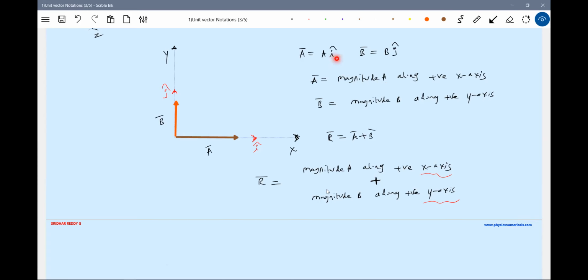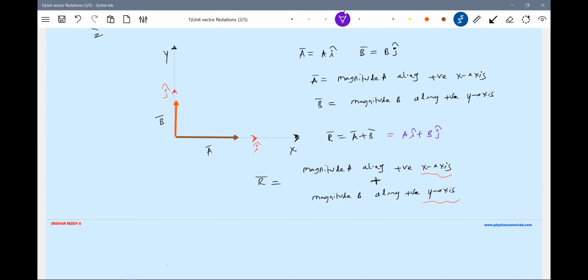I can perform mathematical operations with unit vectors. That's what finally we are going to do. So what is A bar? Here A bar is A i cap, B bar is B j cap.